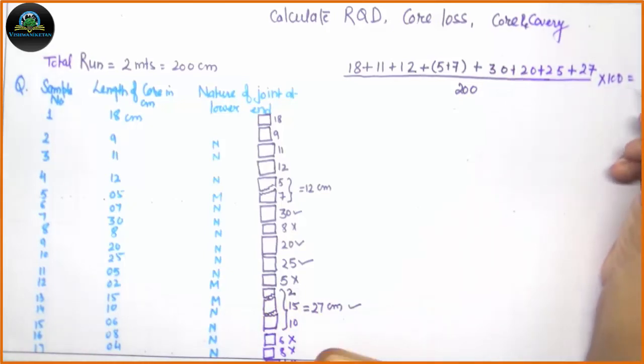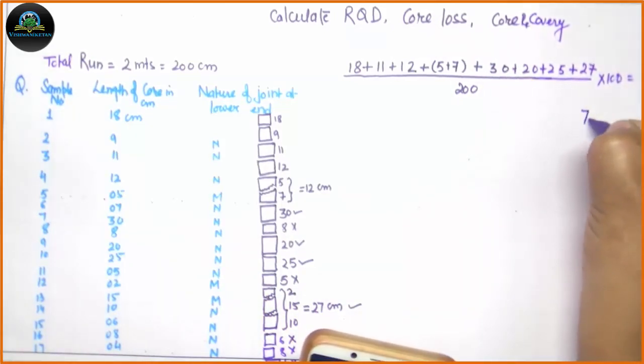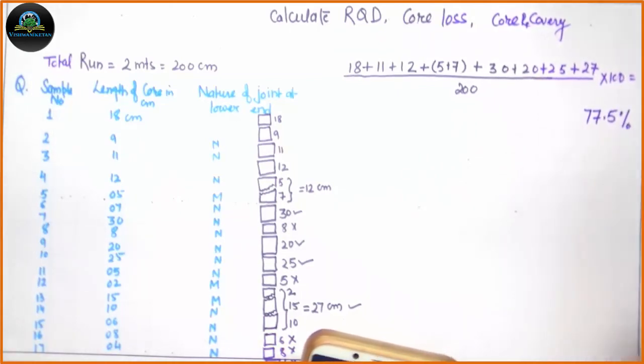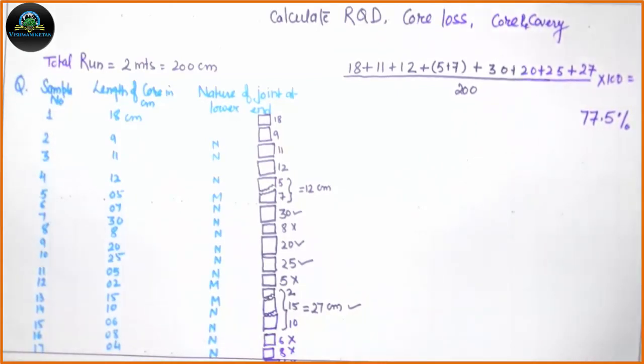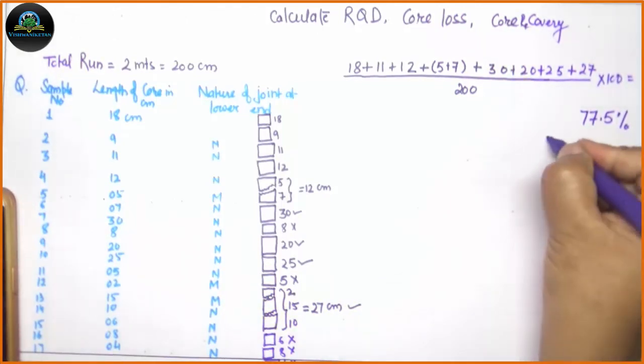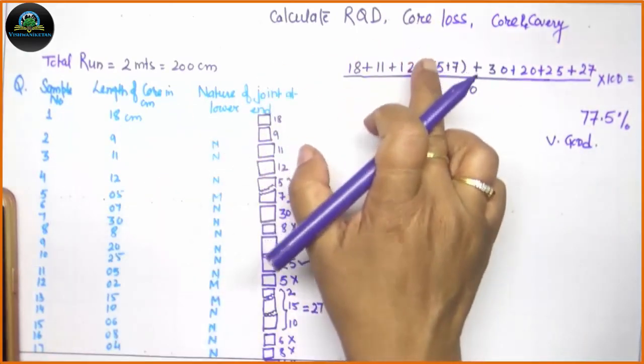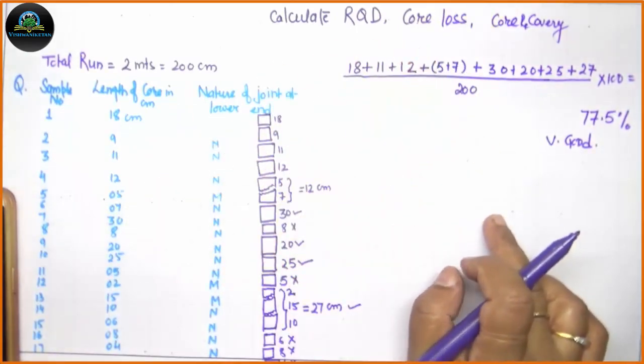So my value comes to 77.5%. If I remember the previous one, when this value is between 75 to 90%, then the quality of rock is very good. Now the other task in this is to calculate the core loss.